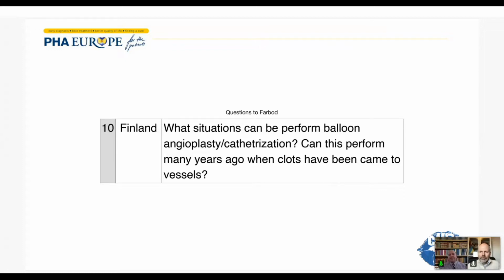And in terms of timing, yes, the balloon angioplasty can be done anytime in the disease course, as long as the clot is chronic. An acute clot, if you try to inflate a balloon, it'll just dislodge the clot. But in chronic clot, the clot is already adherent and has worked its way into the walls of the vessel. It's no longer really a clot, but rather almost a scar.